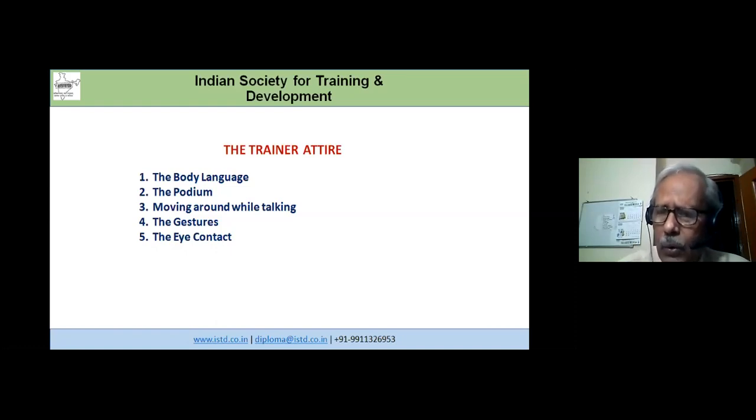Number one. Number two, there is some other mistake that the trainer makes, and that generally is made when there is lack of confidence. They stand on the podium, take support of the podium, and they keep on continuing to talk and deliver the training throughout the training program, maybe for 1 hour or 2 hours or 3 hours, whatever it may be, continuously standing and catching hold of that podium.